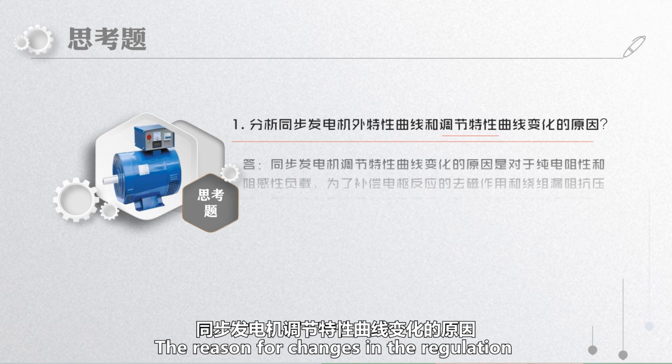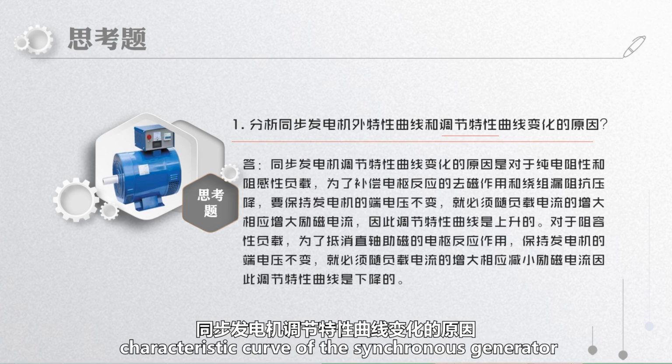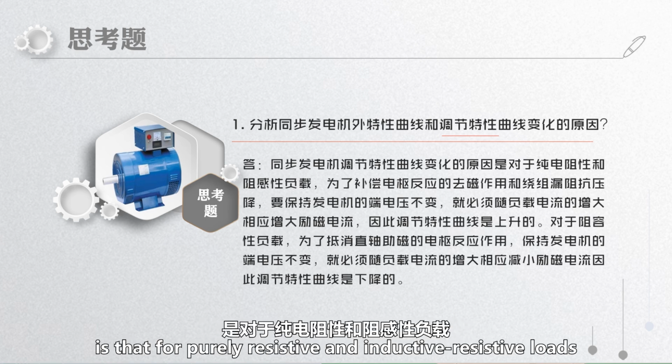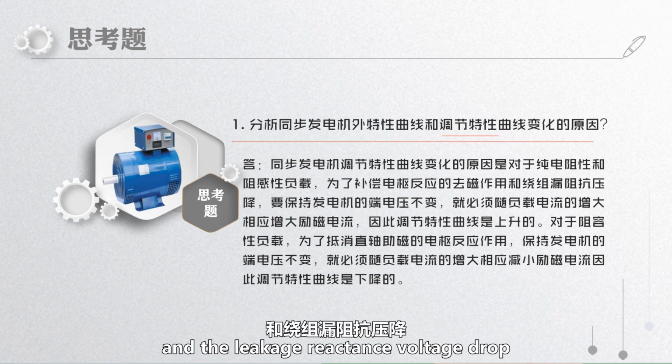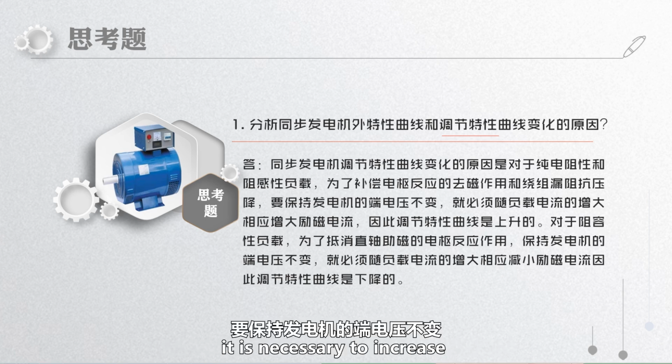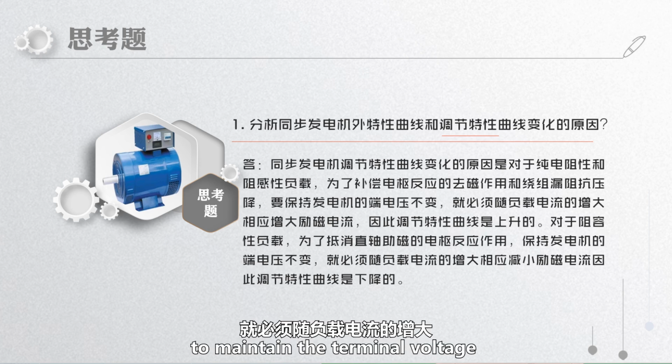The reason for changes in the regulation characteristic curve of the synchronous generator is that for purely resistive and inductive resistive loads, to compensate for the demagnetizing effect of the armature reaction and the leakage reactance voltage drop, it is necessary to increase the excitation current accordingly to maintain the terminal voltage of the generator constant.